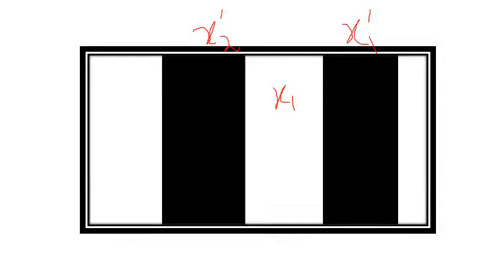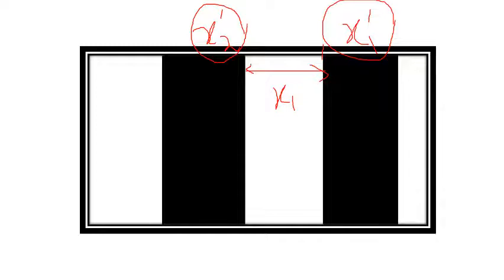In order to find the width of this bright fringe, you can subtract the position of the first dark fringe from the second dark fringe. Fine.